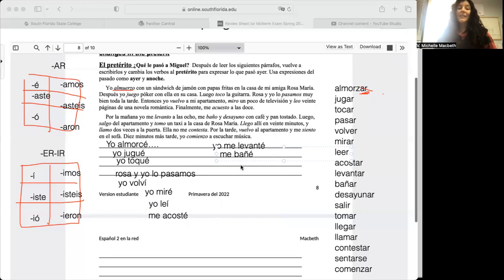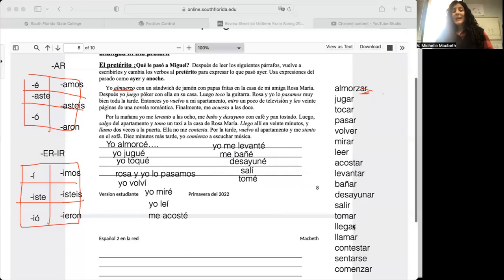So take the AR off, put on the preterite ending, desayuné, ¿no? Luego, salgo, well, we have salir here, that's an IR verb. So salí, ¿no? Del apartamento. And then we have tomar, it's an AR verb. So we're going to have tomé, ¿no? Un taxi a la casa de Rosa María.